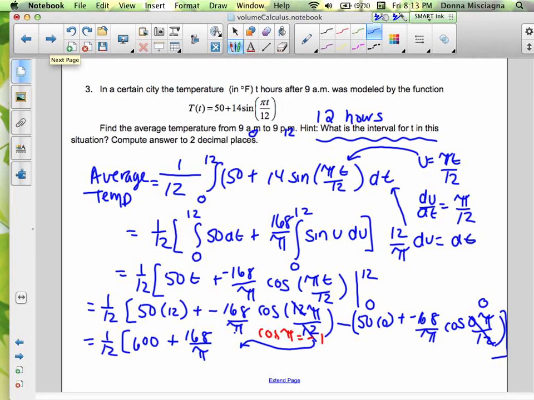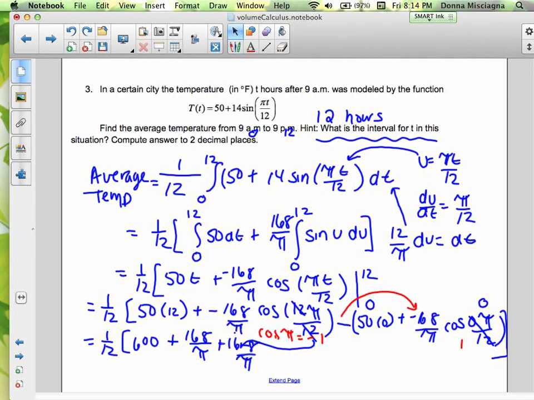And then cosine 0 is just 1. At 0, cosine is 1. So now we have minus a negative, that's going to be plus 168 over pi. Hopefully everyone was clear on that computation.